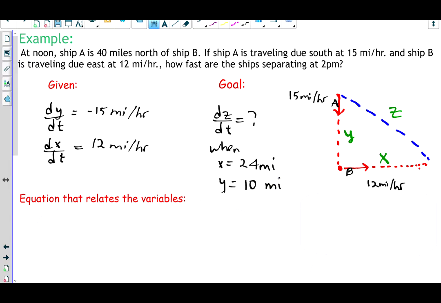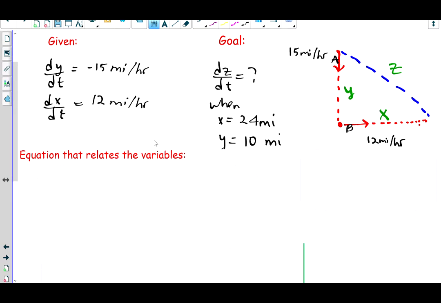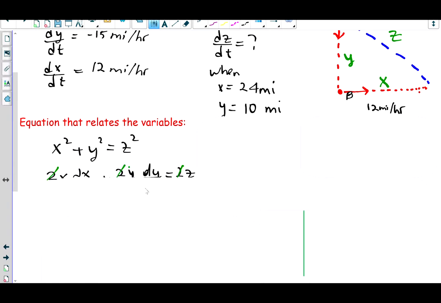And the equation that relates the variables is your typical x squared plus y squared equals z squared. And what do you do with that? You differentiate with respect to time on both sides, cancel out the 2's, and then start plugging in what was given. So x is 24. This is given: dx/dt is 12. y is 10.